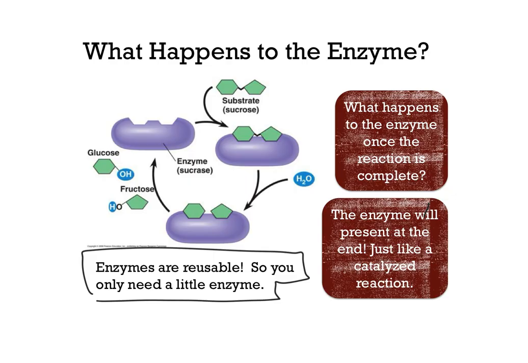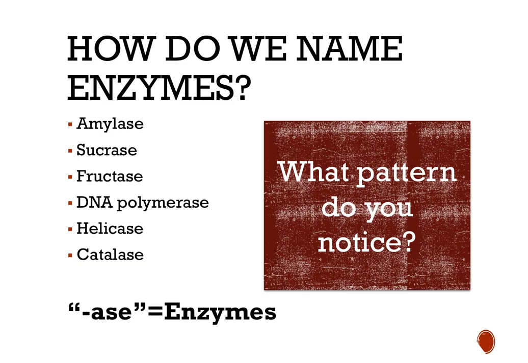So here we have our substrate, we have our disaccharide. It latches onto the enzyme, and with the use of water, breaks them apart, and we have our product here. However, our enzyme is still ready to go and find another disaccharide. Now, how can you recognize an enzyme?